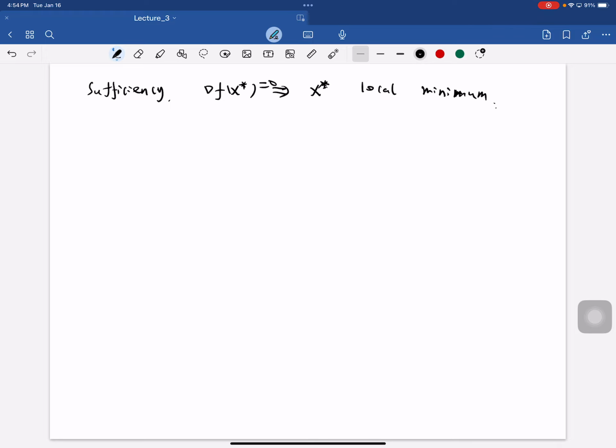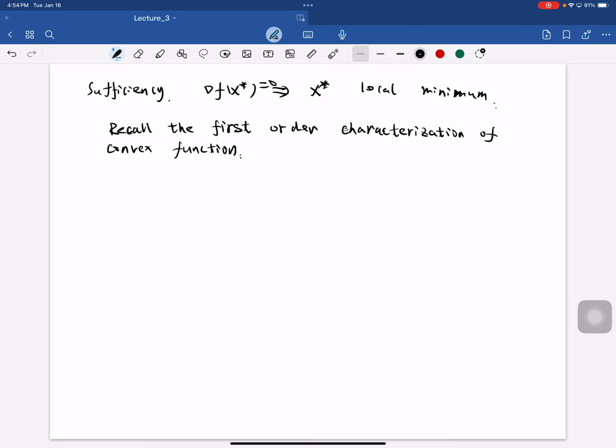We just apply the first order condition of convexity. Recall the first order characterization of convex functions. I'm just going to write it down.